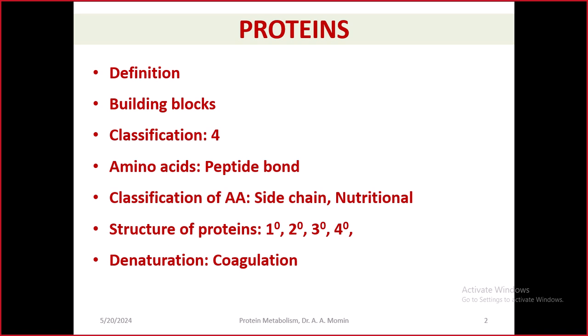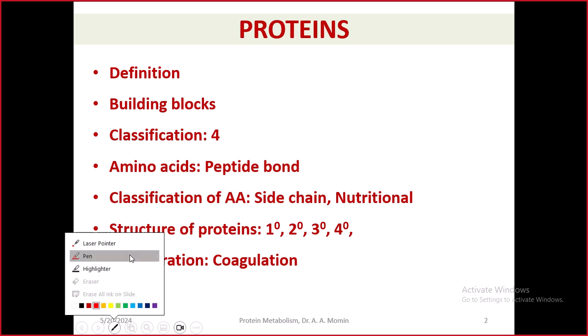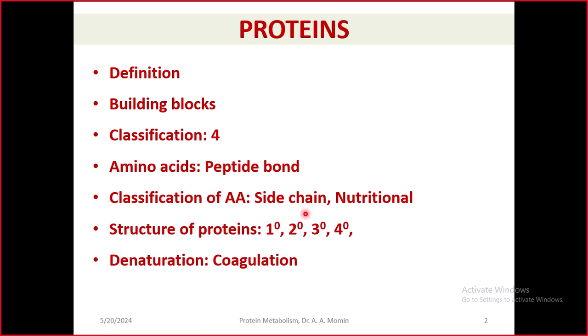Then there were 2 terms, denaturation and coagulation. Denaturation is nothing but the disruption or breaking of secondary, tertiary and quaternary structure down to the primary structure. So only peptide bonds remain, the rest of the bonds break, and the protein is said to be a denatured protein. Opposite to this, a denatured protein can be converted to its native form.